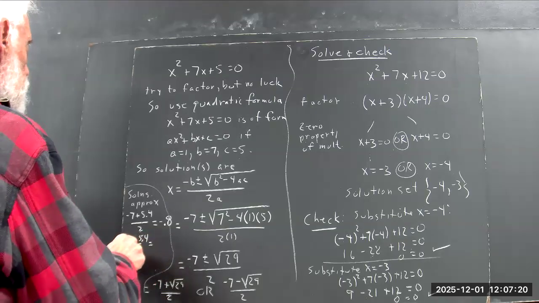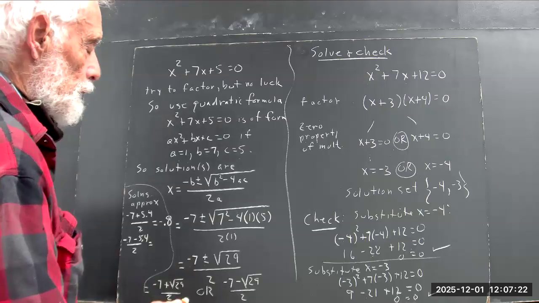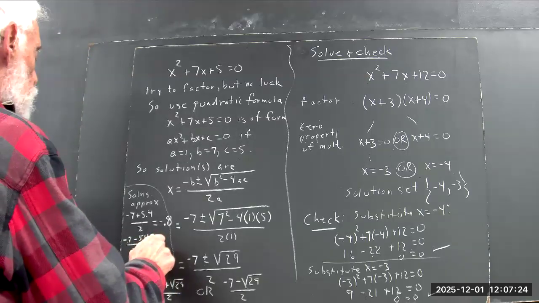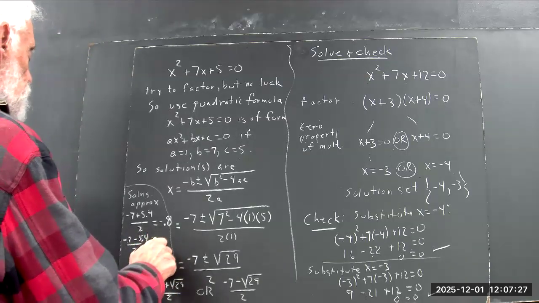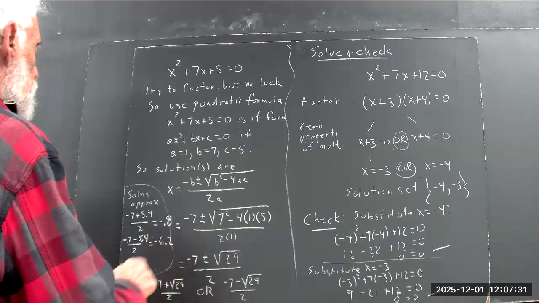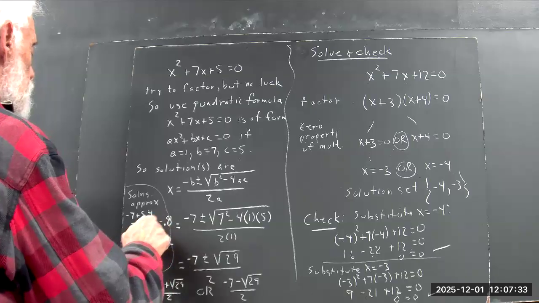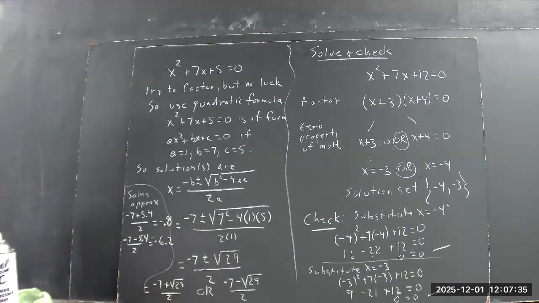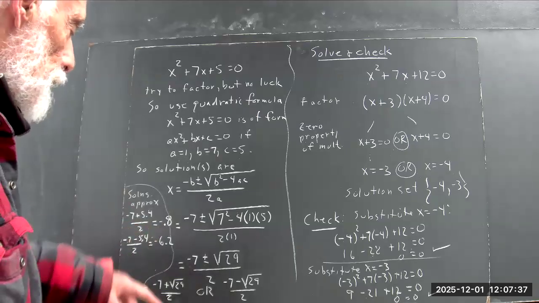In another solution, negative 7 minus 5.4 is negative 12.4, over 2, which is negative 6.2.